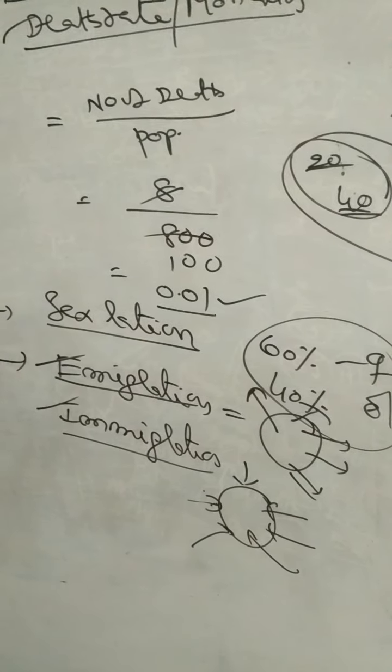So what is density or population density? The total number of individuals present in a population is called population density.